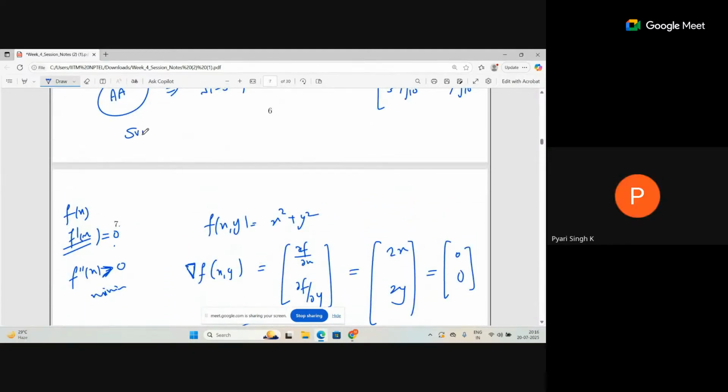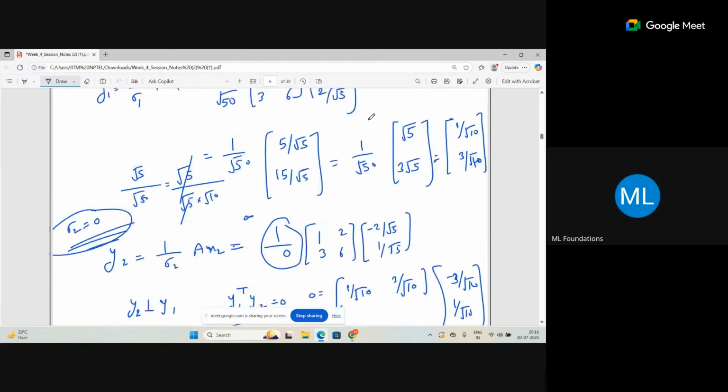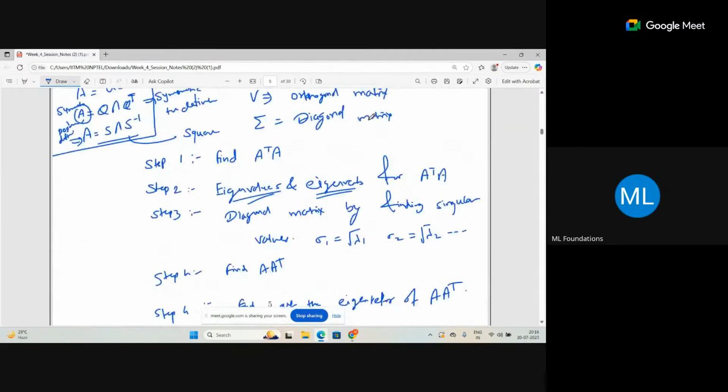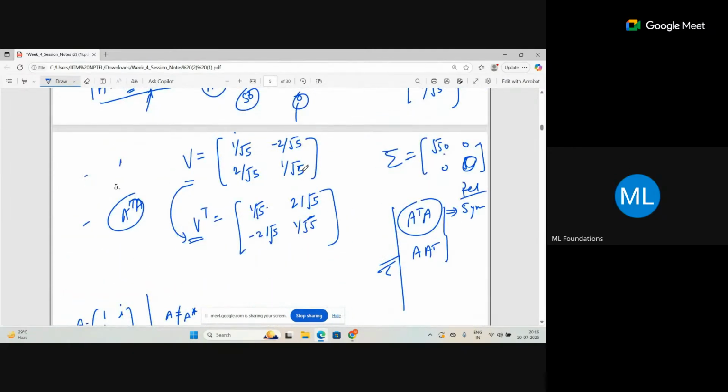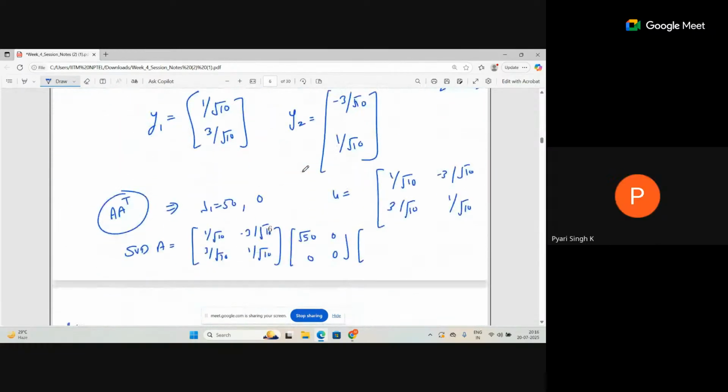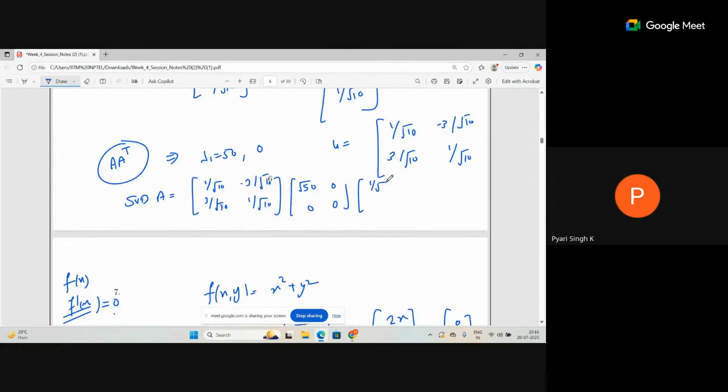SVD of A is 1 by root 10, 3 by root 10, minus 3 by root 10, 1 by root 10, times the sigma matrix, which will be root of 50, 0, 0, 0, and then V transpose: 1 by root 5, 2 by root 5, minus 2 by root 5, 1 by root 5.